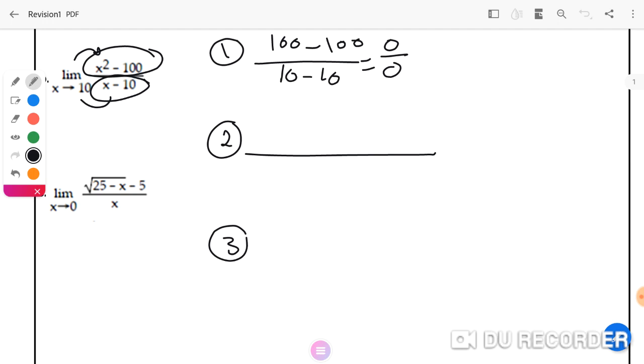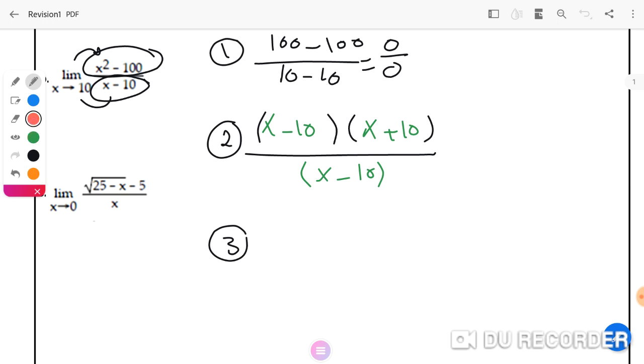We have a binomial representing the difference between two squares. It will be x minus 10, x plus 10. I think all of you know how to factorize this one, and you can use the calculator, use mod 53 to factorize the numerator. The denominator doesn't need to be factorized.